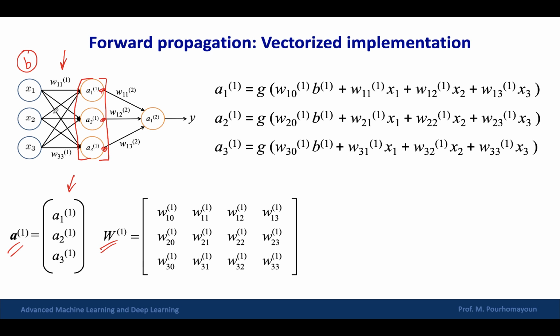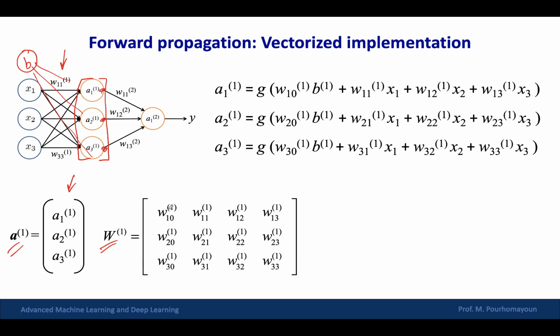Okay, so we have 4 inputs here and we have 3 here, so we will have 12. 4 times 3, 12 weights for this layer alone.